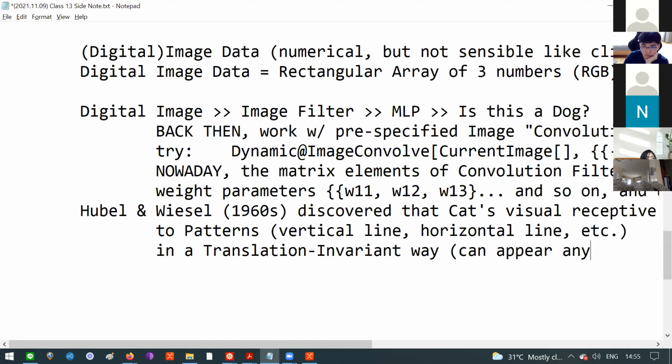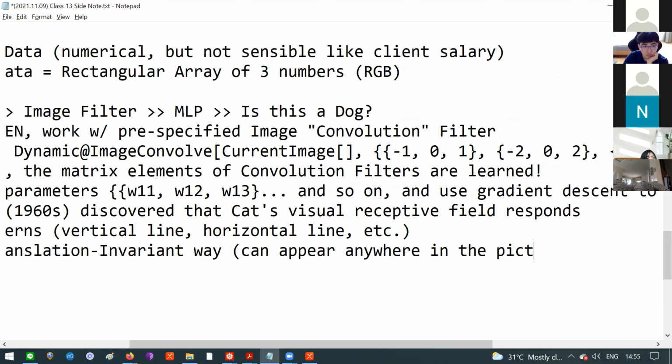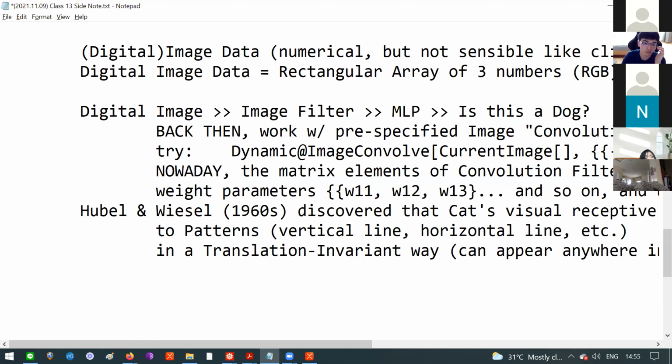Here, anywhere in the picture. In other words, detecting pattern is like a convolutional filter.